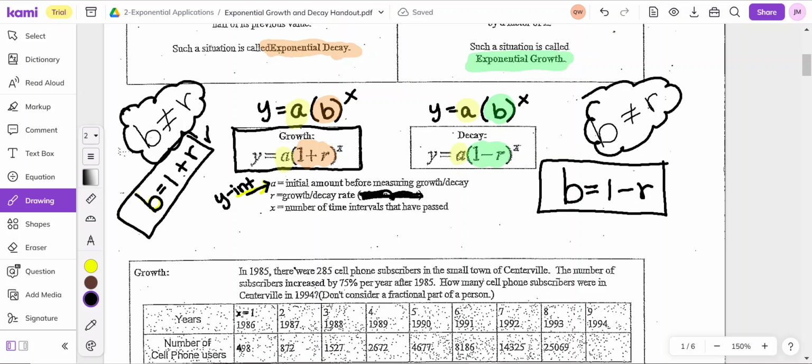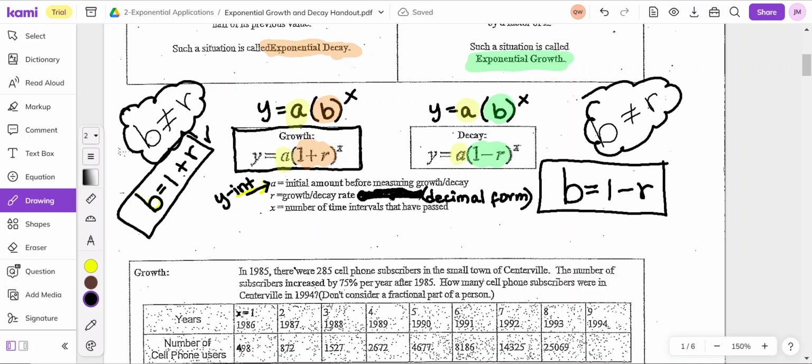So cross this out. In the formula, it goes in as decimal form. And X is the number of time intervals that have passed. So if your rate is changing yearly, then your time is going to be in years.